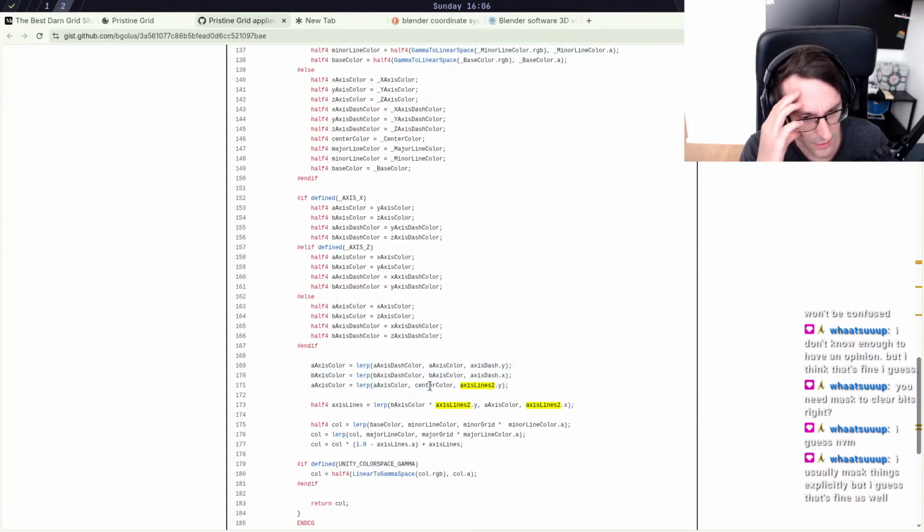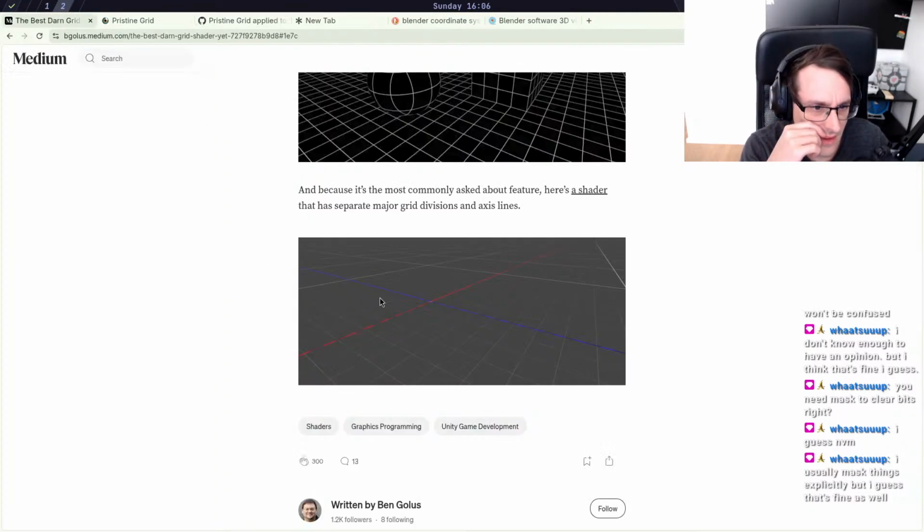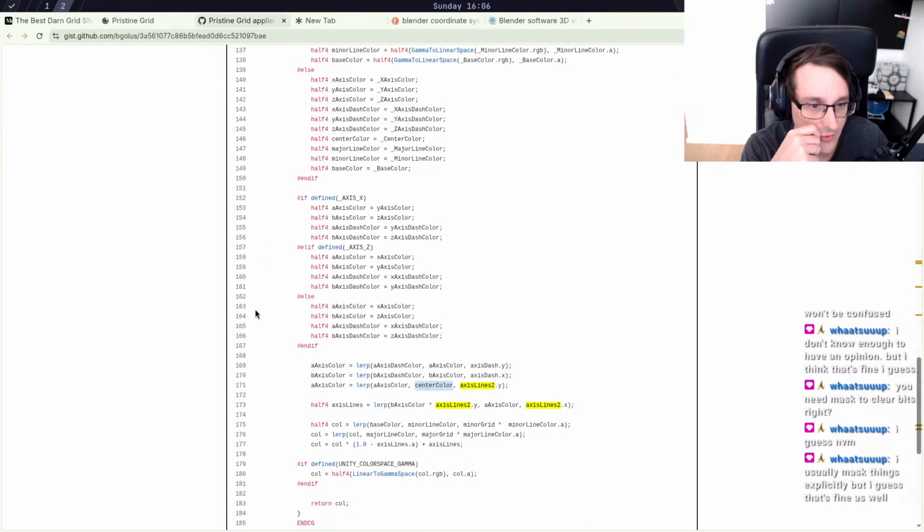Because I don't really care about the center color. It's hard to see, but there is a white dot here in the middle where the two axes come together. I don't think I need that as well. So I might consider removing that. Then I think it's just this.